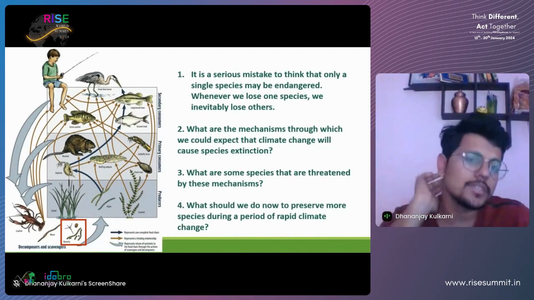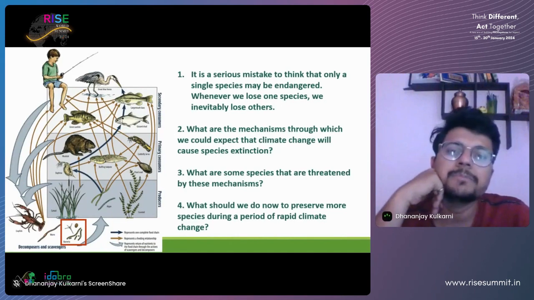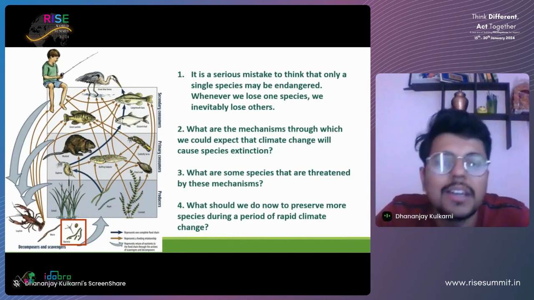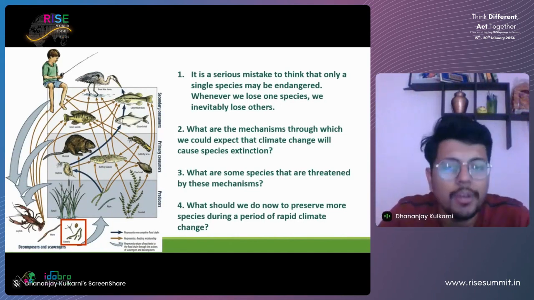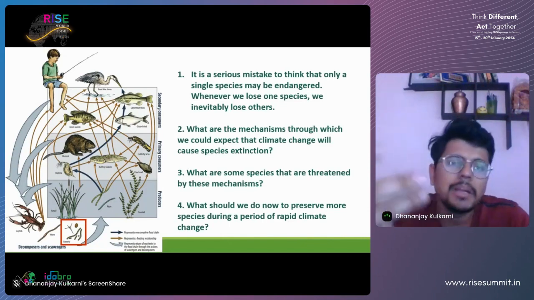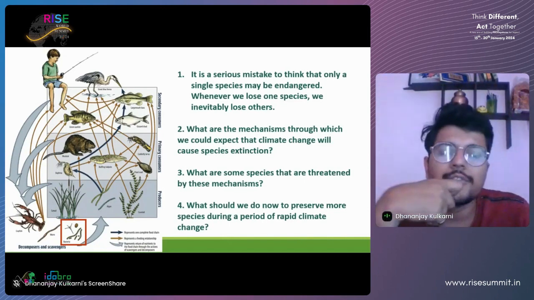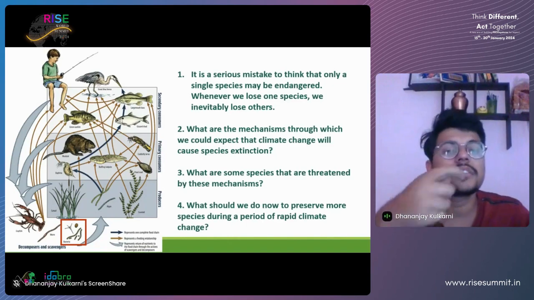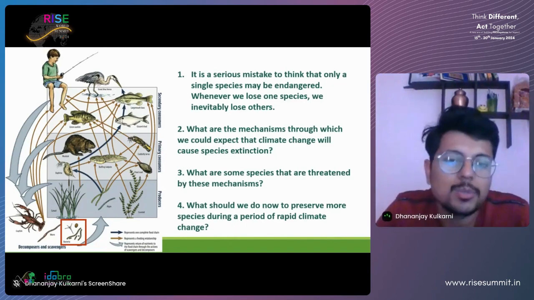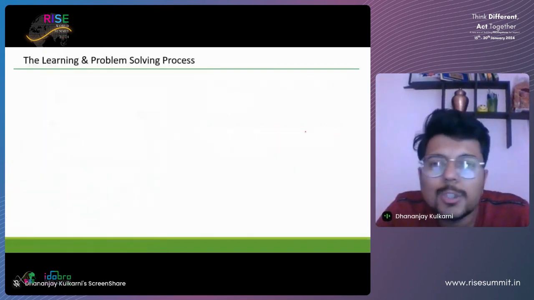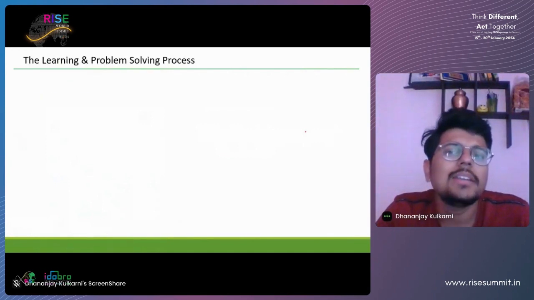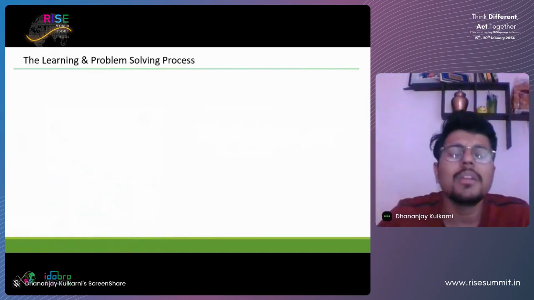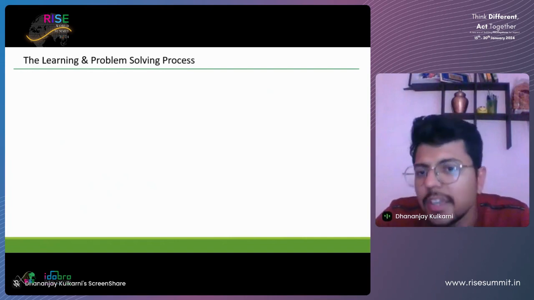This is one discussion regarding biodiversity and how these different elements are connected with each other. If you see the food web on the screen, these are the multiple questions that we can ask, for which it's the systems approach that we need to take into account. So I'll take some real problem with us for discussion.